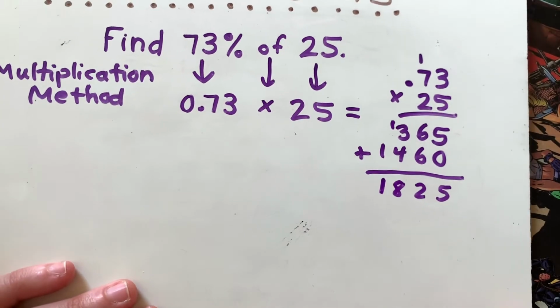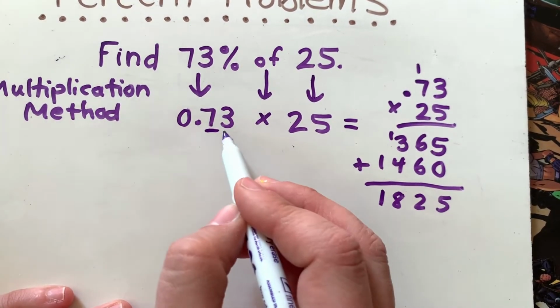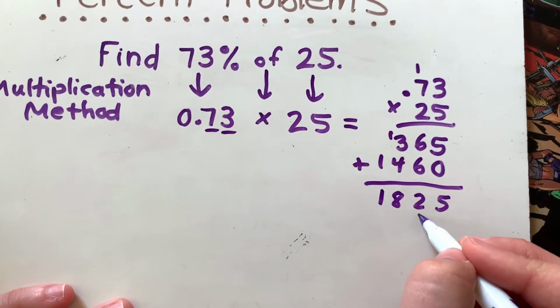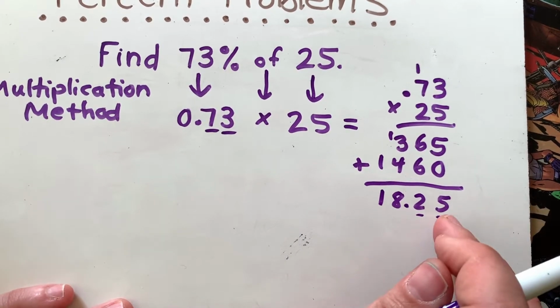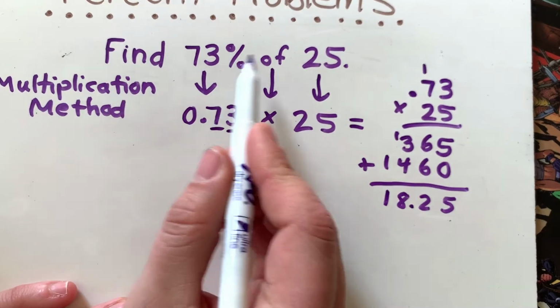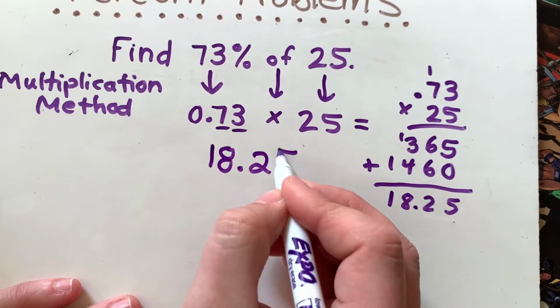Okay, so I need to put my decimal in now. So I've got 2 place values behind my decimal in my problem. So I need to have 2 in my answer. So just like that, we have arrived at our answer. So 73% of 25 is 18 and 25 hundredths.